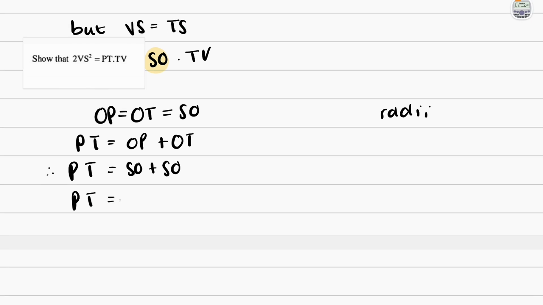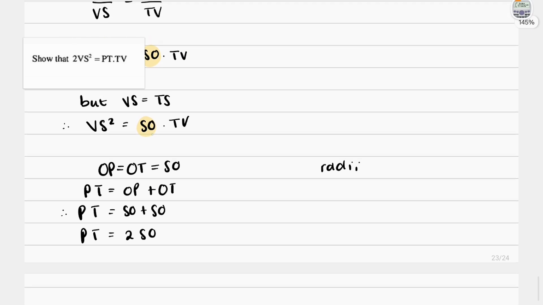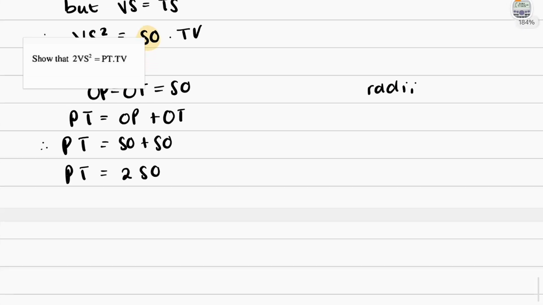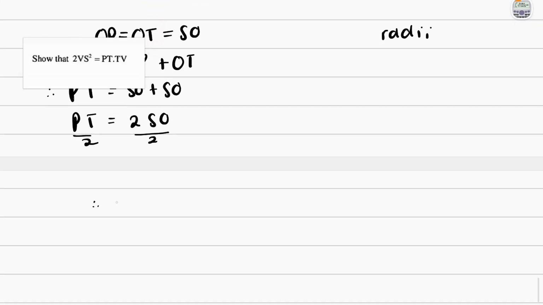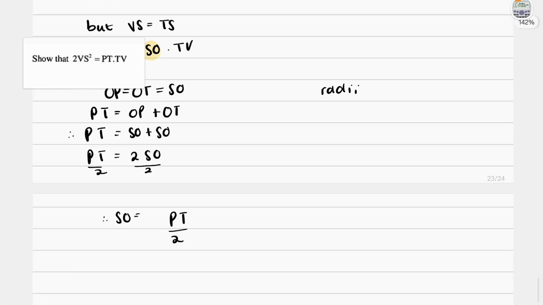So we know that PT equals 2SO. Now we're going to substitute. We need to put this in place of SO, but you can see that it's 2SO. So let's get SO on its own by dividing both sides by 2. This means that SO is actually equal to a half PT, or you can say PT over 2. It's still going to work out like this.